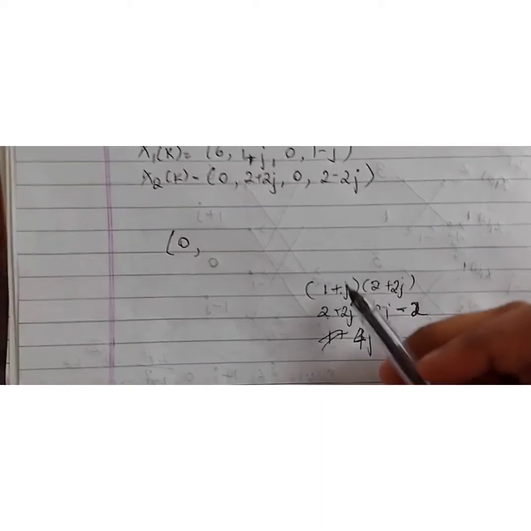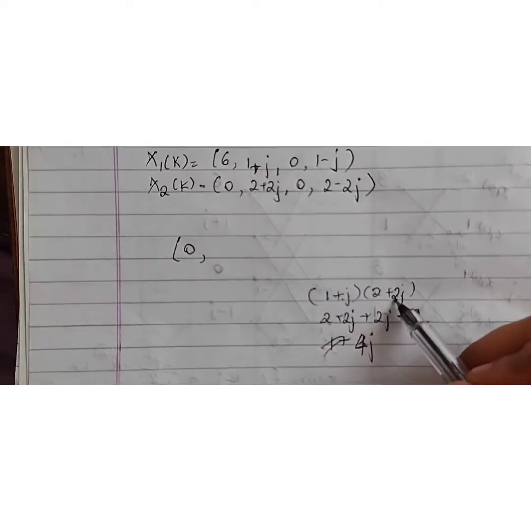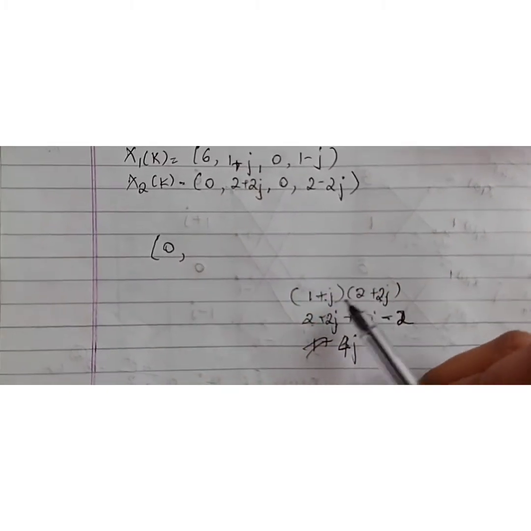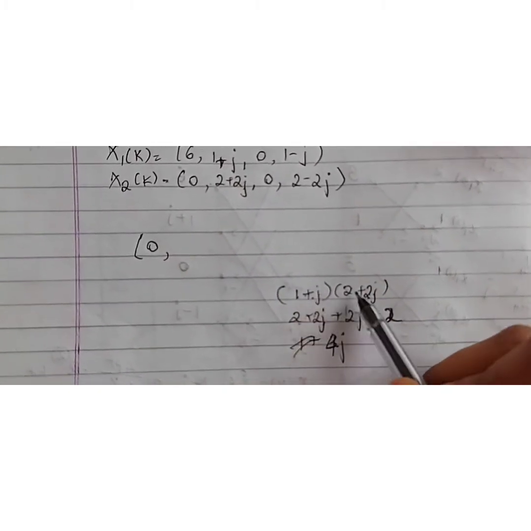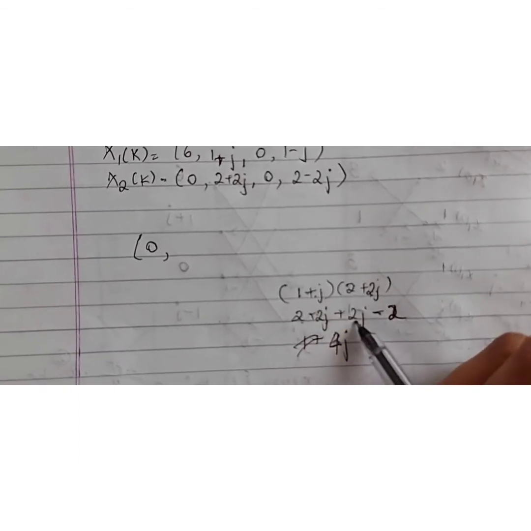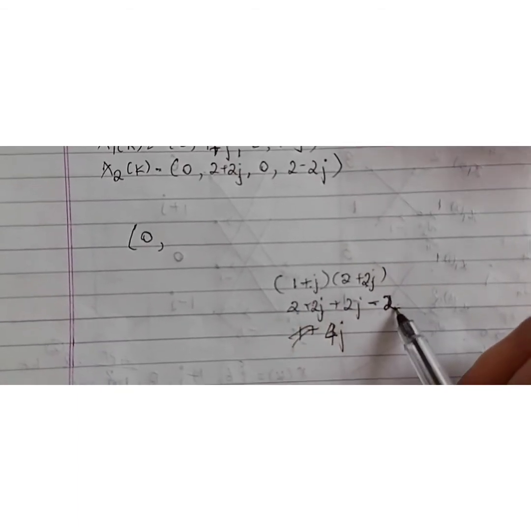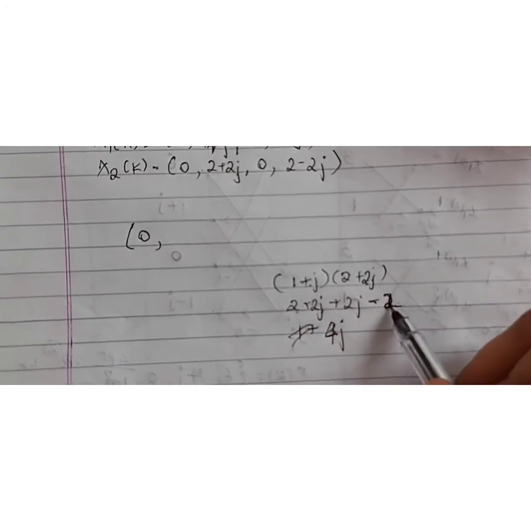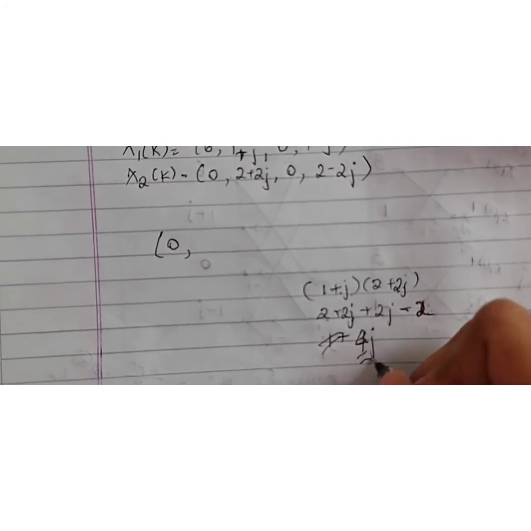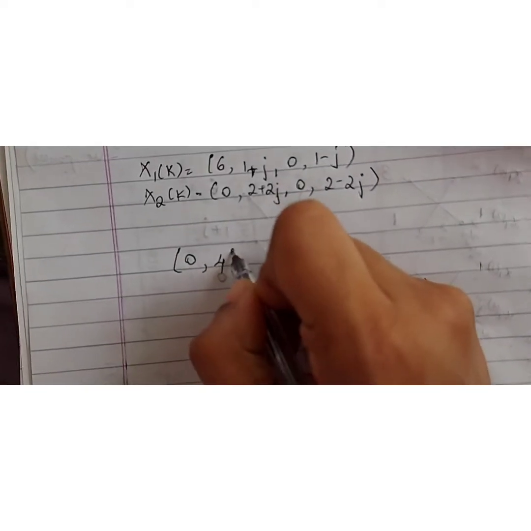Sorry, this was 1 plus j and 2 plus 2j. I just wrote only 2 plus j. So 2 plus 2j. So this is 1 into 2 plus 2j is 2 plus 2j, j into 2 is 2j, j into 2j is minus 2, j square minus 1 minus 2. So minus 2 plus 2 minus 2 0, you are left with 4j. So second sample is 4j.